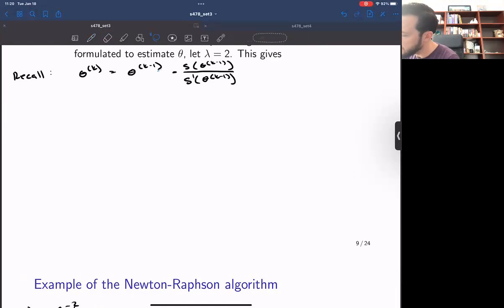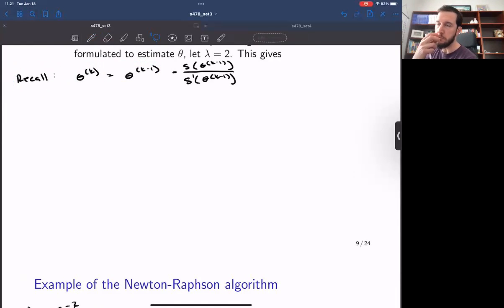This is our first definition for the Newton-Raphson. We're going to look at two different ways of formulating the Newton-Raphson, and this is the first one.